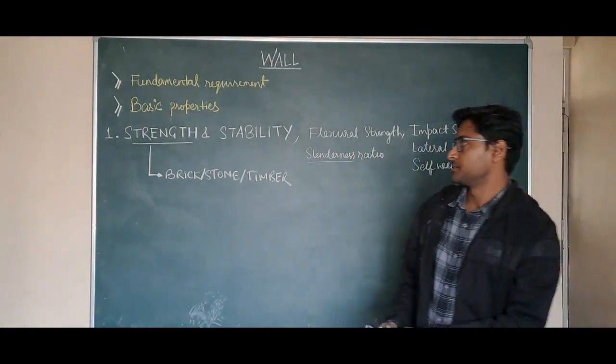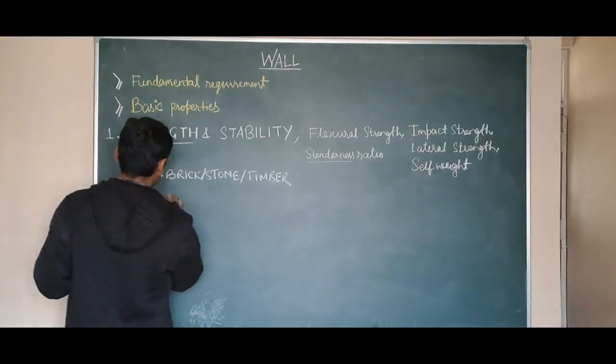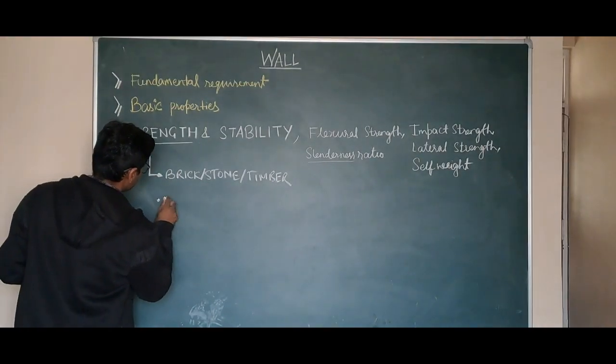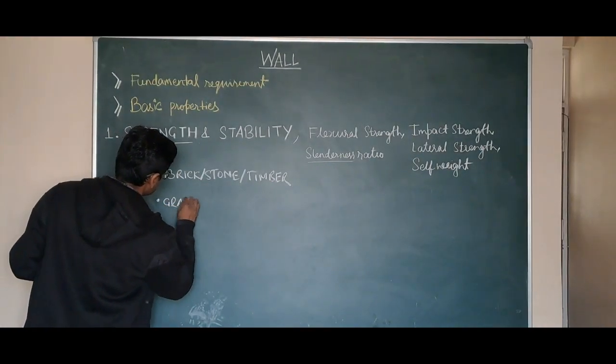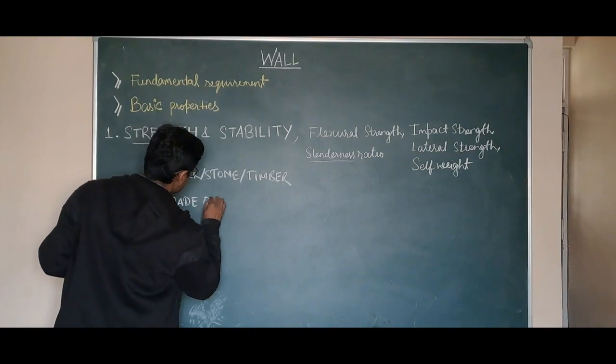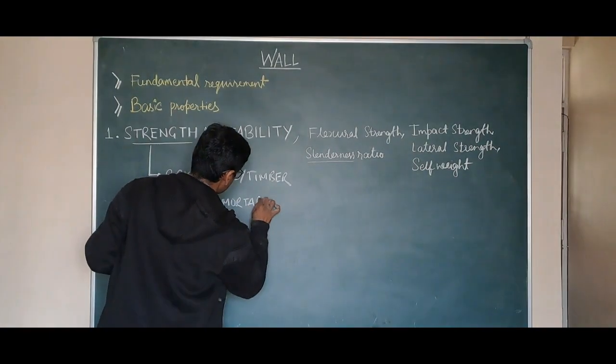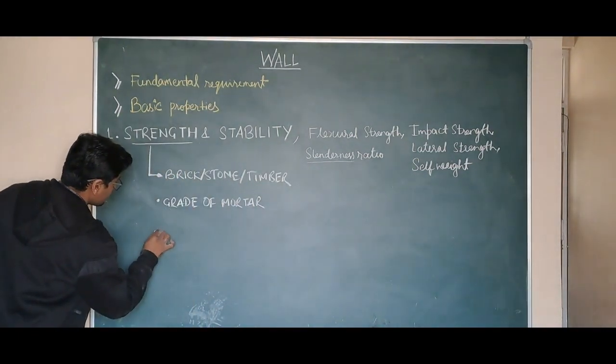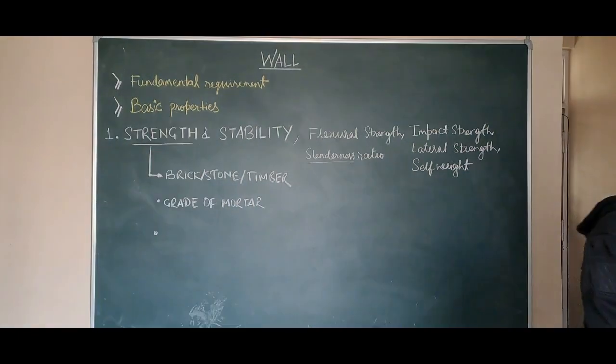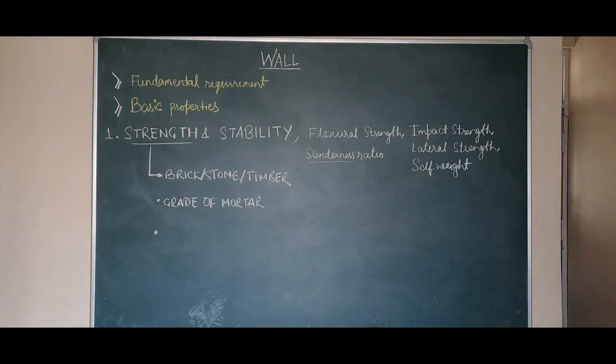Grade of mortar. Good. So next would be grade of mortar, or any binding material. What could be the other factor? Yes. And also we can say slenderness ratio.